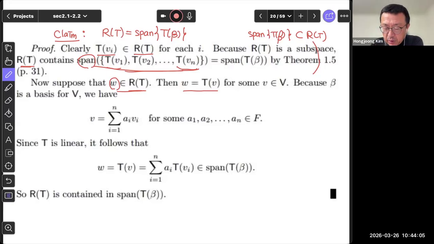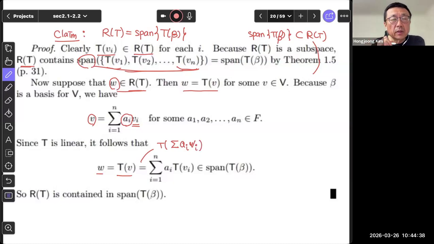In other words, this V can be written as a linear combination of the vectors in beta with some coefficients. Now W was the image of V under T, and V is a linear combination of a sub i and Vi.